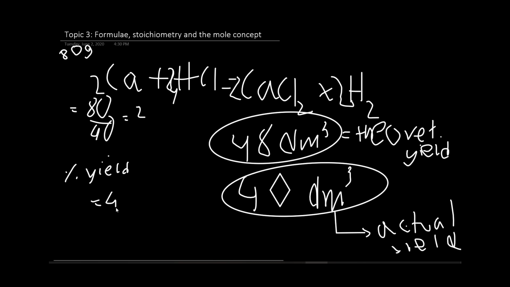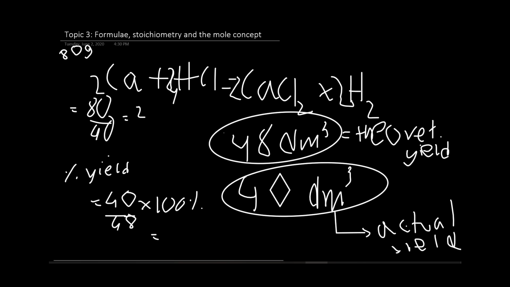The amount you have received is 40. The amount you were supposed to receive is 48. So this is your actual yield, and the denominator is your theoretical yield, times 100%. Whatever you end up having here is your percentage yield of hydrogen in this particular reaction.